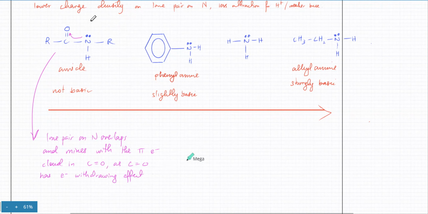Next one is why are phenylamines slightly basic? Here it's a bit of the same thing: benzene has a slight withdrawing effect, which means that the lone pairs don't get completely pulled towards benzene, but they do very, very slightly get withdrawn towards benzene. So benzene has a slight electron withdrawing effect.